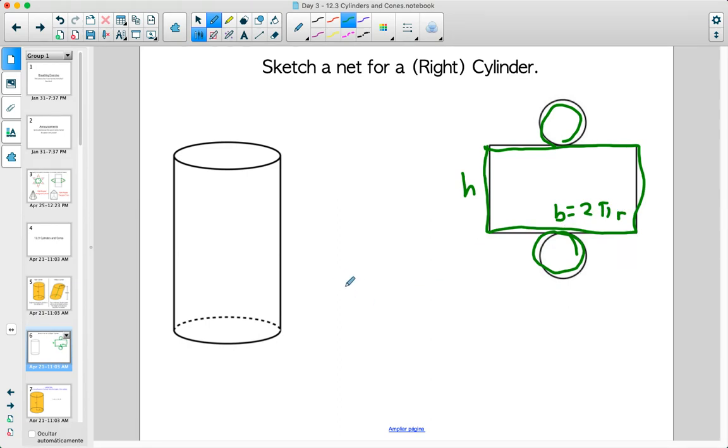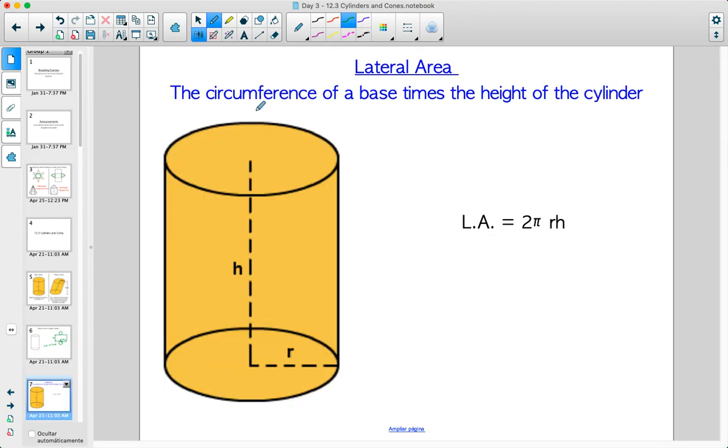So the lateral area is the following: 2 times pi times r times how tall, or the altitude from one base to the other base. Okay, so that is the lateral area for a cylinder. Lateral area for a cylinder, 2 pi r h. So here's radius, here's the height from one center to the other center, and then that's the lateral area.